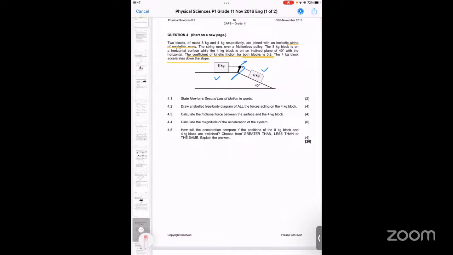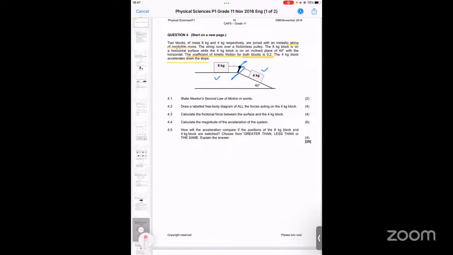Yes, sir. Okay, so now moving on to 4.4. You will get it correct when you change sign but put a cos there. It should be 6.01 Newton, and then you don't leave it there. You must say either up or down the slope.